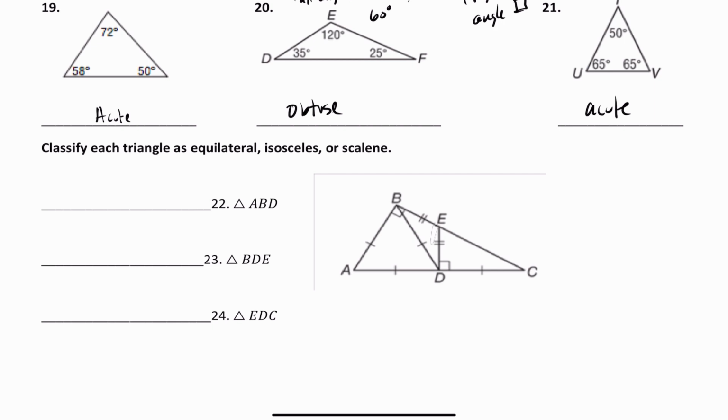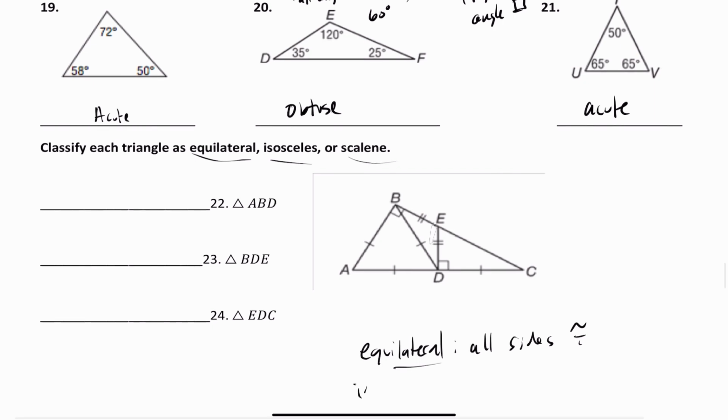Let's go ahead and take a look at 22, 23, and 24. Classify each triangle as equilateral, isosceles, or scalene. So equilateral, all sides congruent, and the name lateral just means sides. Equal means like equal, so we have equal sides, all sides are congruent.